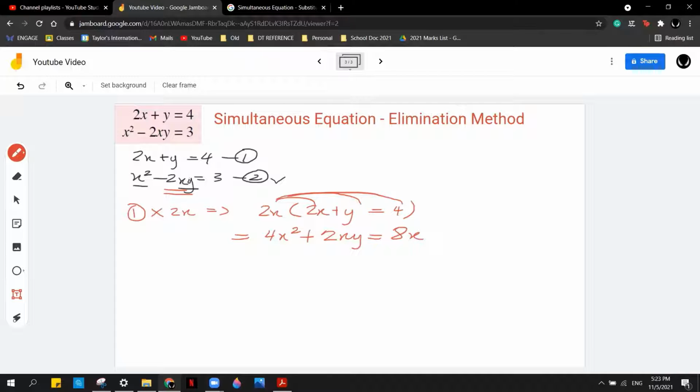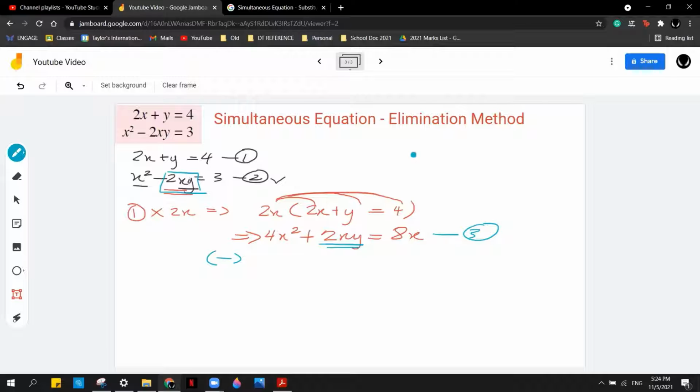When you look at this equation, you notice that this term and this term are the same now. So when we say elimination, you just put a minus there, and this step is very direct. I'm going to call this equation 3, and you decide which one you want to do.